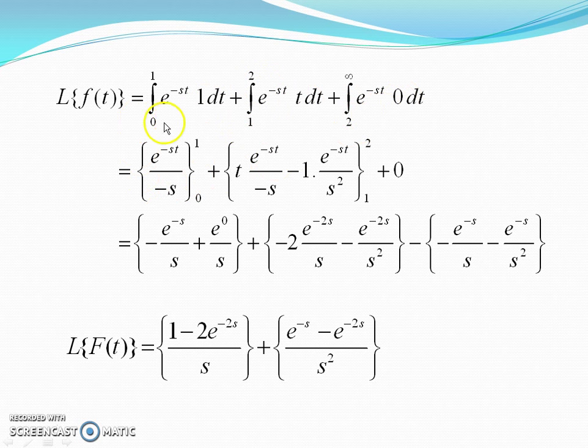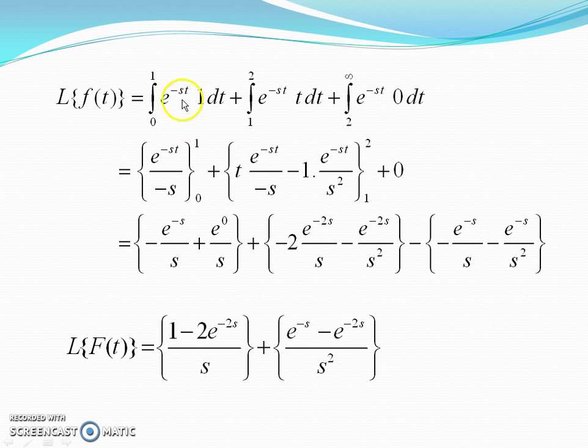So therefore, we get integration 0 to 1 e raised to minus st dt, plus integration 1 to 2 e raised to minus st into t dt, plus integration 2 to infinity e raised to minus st into 0 into dt.